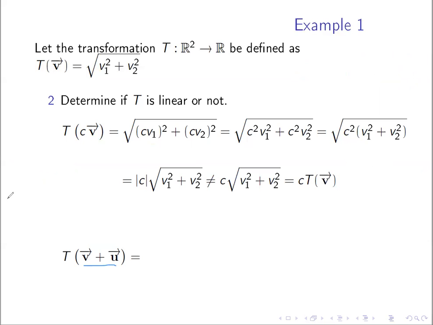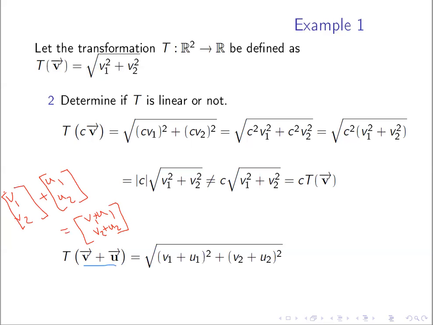This would literally be V1, V2 added to U1, U2. So when I add those together, I'm going to get the new vector V1 plus U1 and V2 plus U2. So if I plug those in, I would get this, V1 plus U1 squared.